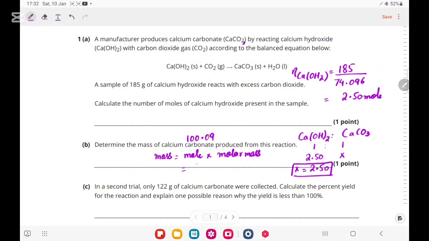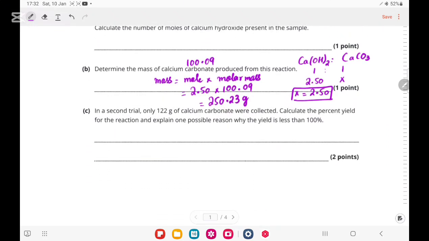So mole is 2.50, I'm multiplying with molar mass, which is 100.09, and the answer comes out to be 250.23 grams.